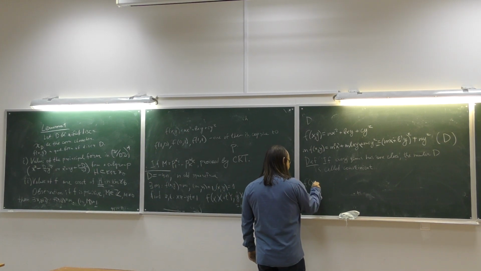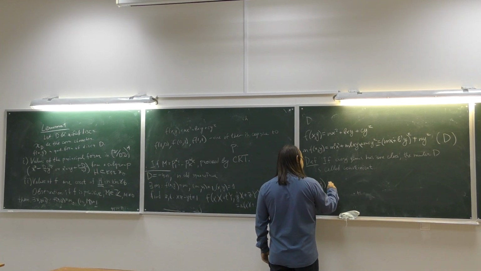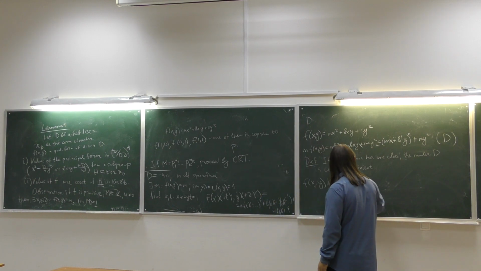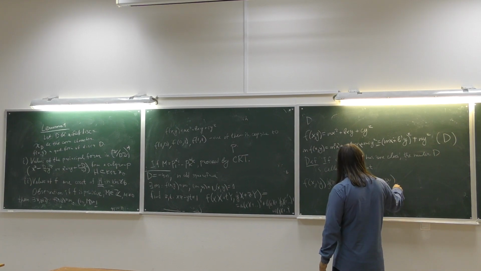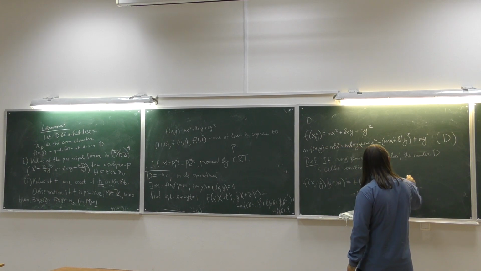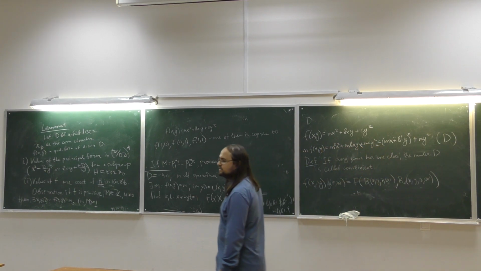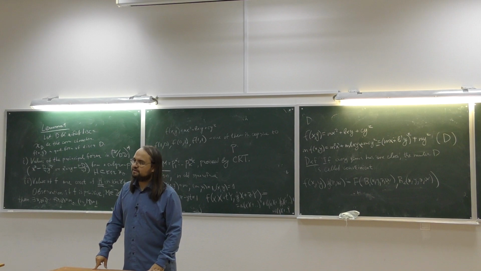If you take f of x,y and multiply it by g of z,w, then you have some other form: f of some bilinear form of x,y,z,w and some other bilinear form of x,y,z,w. Multiplication of, for example, the matrices of the corresponding bilinear forms.